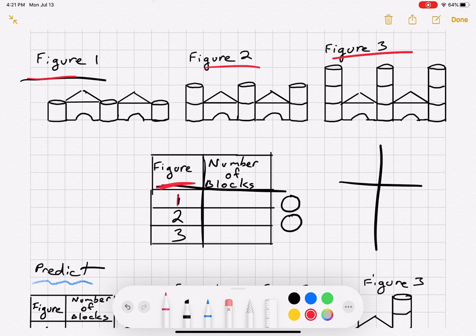Okay, so the first thing I'm going to do is count. I have 1, 2, 3, 4, 5, 6, 7. I have 7 blocks here. In figure 2, I have 1, 2, 3, 4, 5, 6, 7, 8, 9, 10.